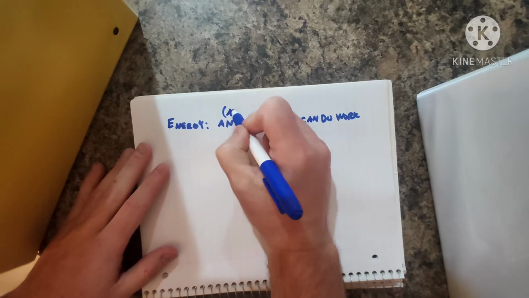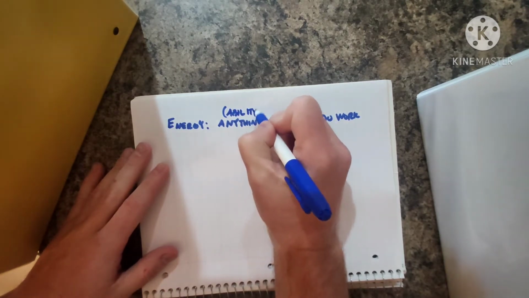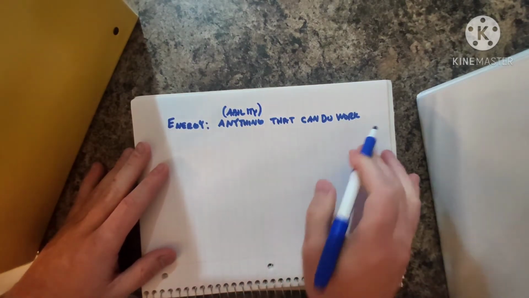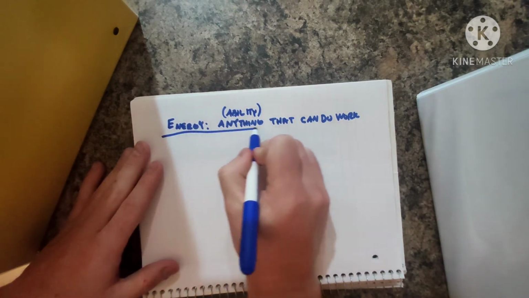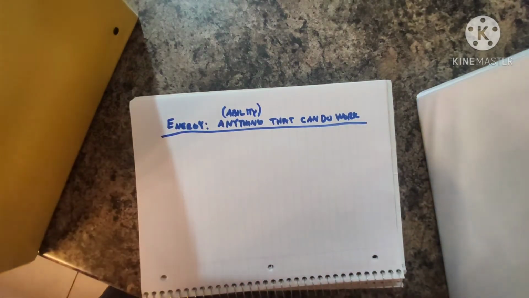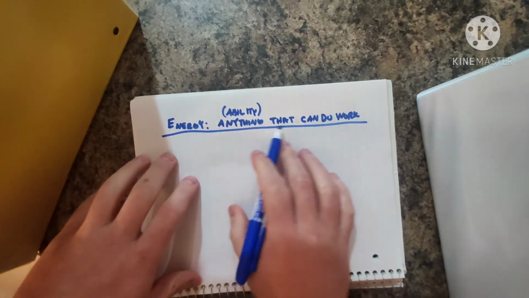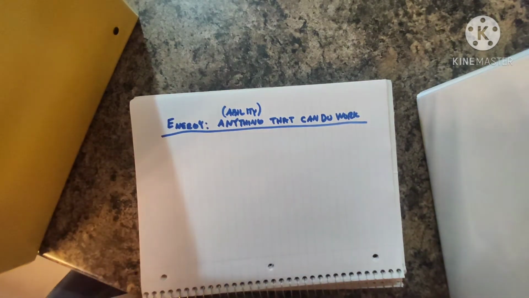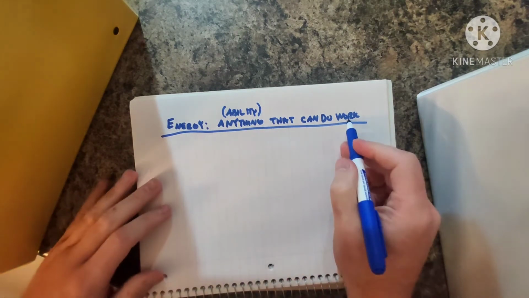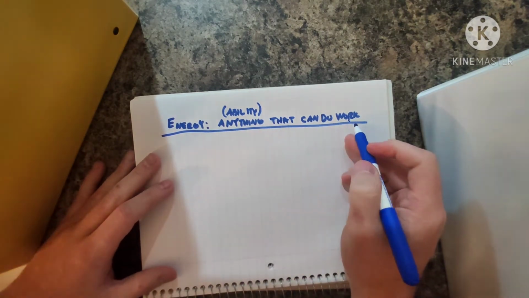Or the ability to do work. So what is work? Okay, so if I'm telling you anything that can do work is energy, so we have a general intuitive idea of what work is, but we want to define that.